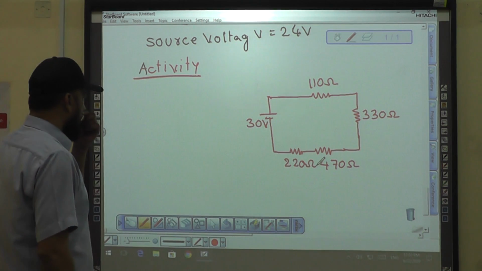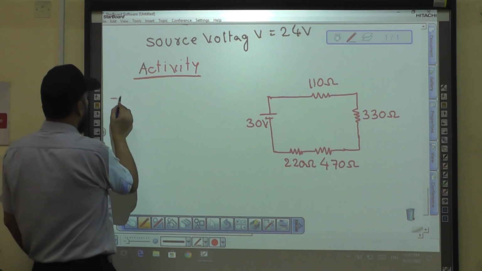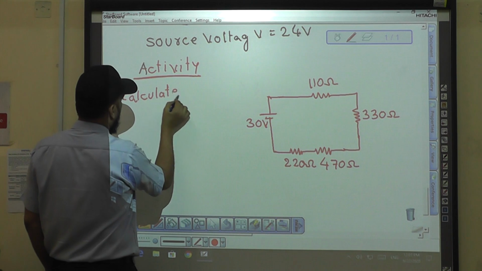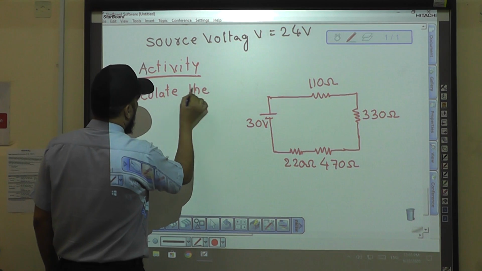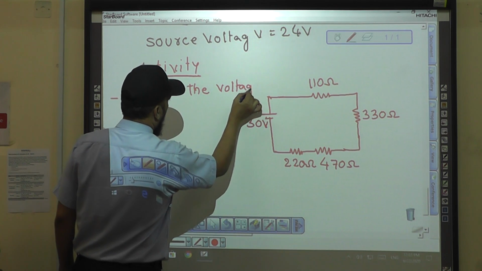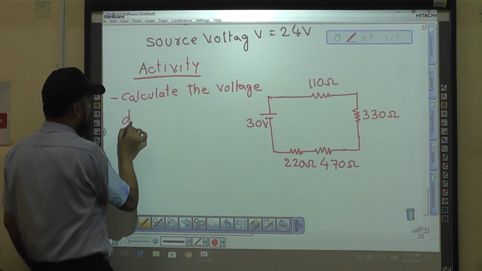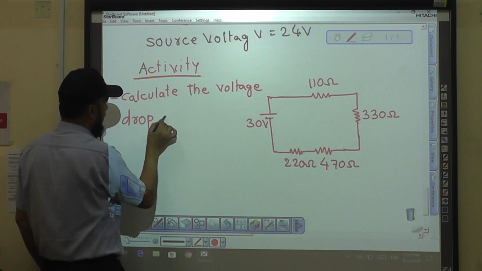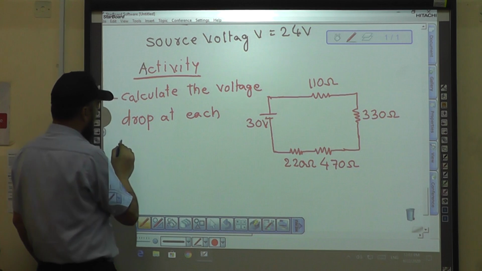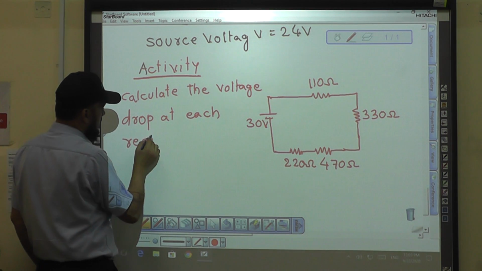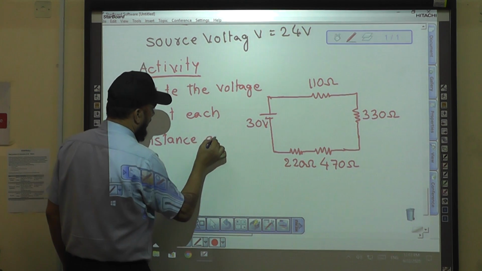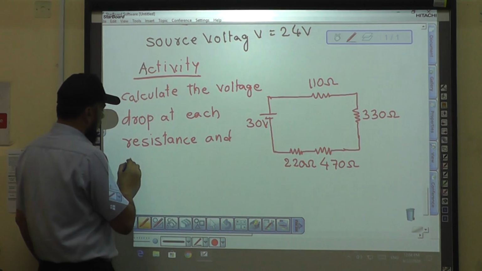So what you have to do here? Calculate the voltage drop at each resistance and verify your answer.